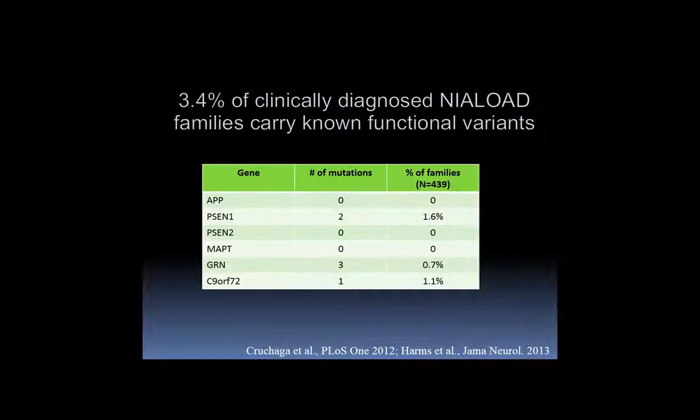cortical Lewy bodies. Yes? Do people in DIAN have cerebrovascular disease, white matter disease, or strokes? No. With the exception of people who have mutations that are associated with duplication of APP.